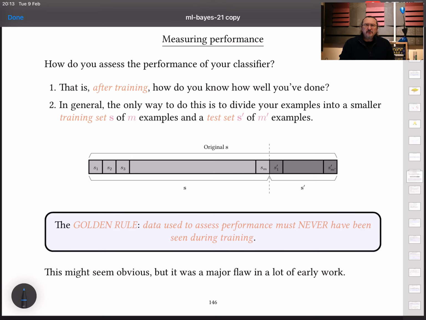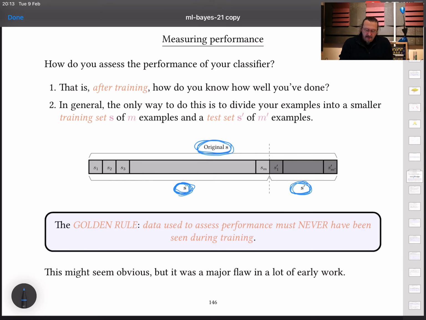That data has to be used wisely, and the real golden rule here is that you will have to split it in some way into one set that is your actual training set. You have an original set which is all the data you have available, but you're going to have to split that into the training set you're actually going to use and some that you keep aside for doing assessment.